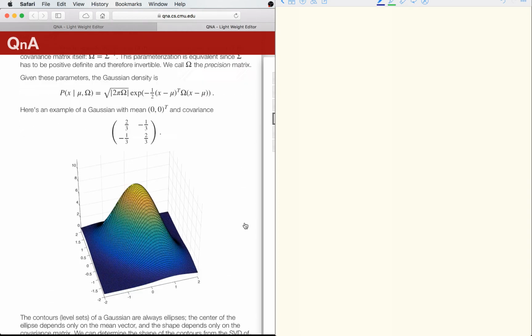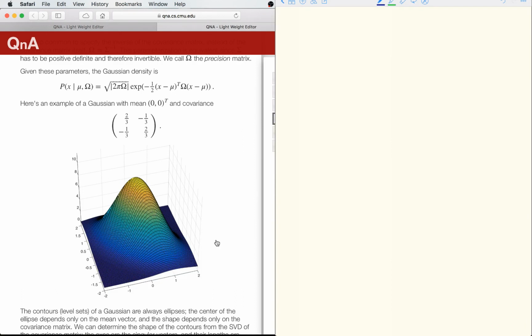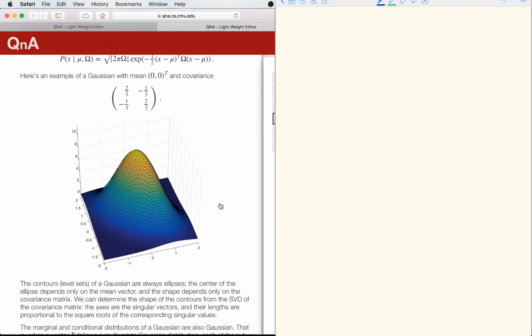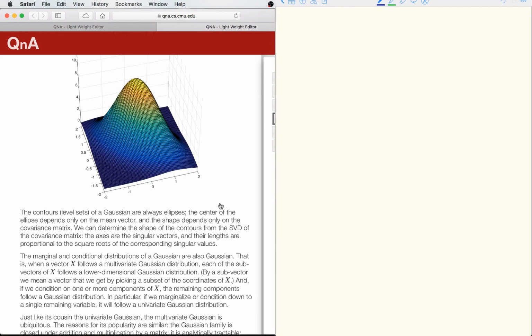Right? So here is the density for a Gaussian with a given mean and covariance. If you look at this plot, for example, if you slice it, the contours or the level sets are going to be ellipses, and that's true for all Gaussians. The center of each ellipse depends on the mean vector, and the shape depends on the covariance matrix.